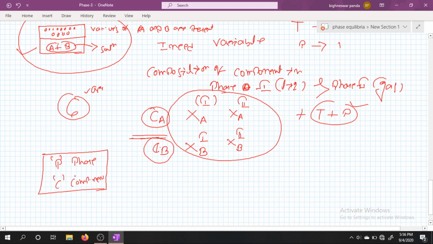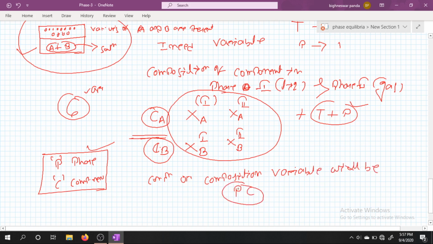If a system contains P phases and C components, then the concentration or composition variable will be P into C.